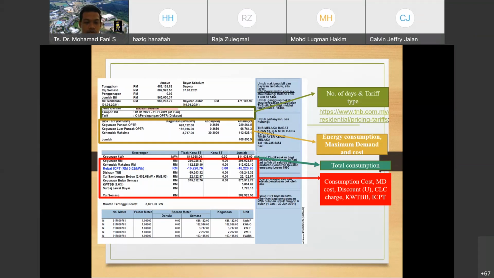Minus 39K. Then the connected load charge, CLC. UTM also has a CLC charge.